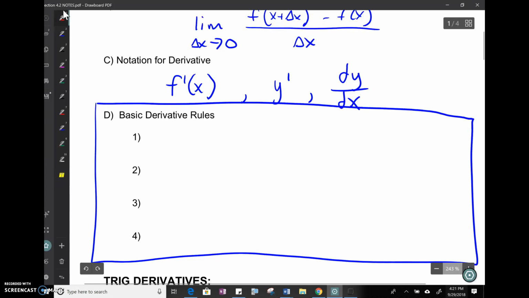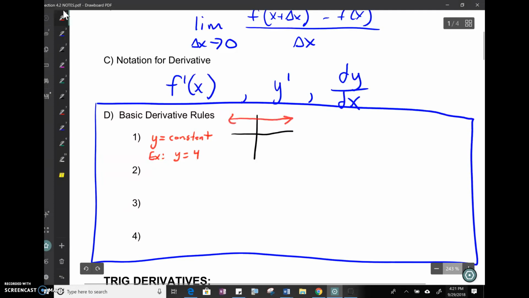The first rule is if you ever have y equals just a constant. So y equals a number. I'll put an example: y equals 4. Anytime you need to find the derivative of this equation, aka an equation that would help us find the slope at any point, that's what a derivative does, let's imagine what that looks like on a graph. y equals 4 would look something like that, right?